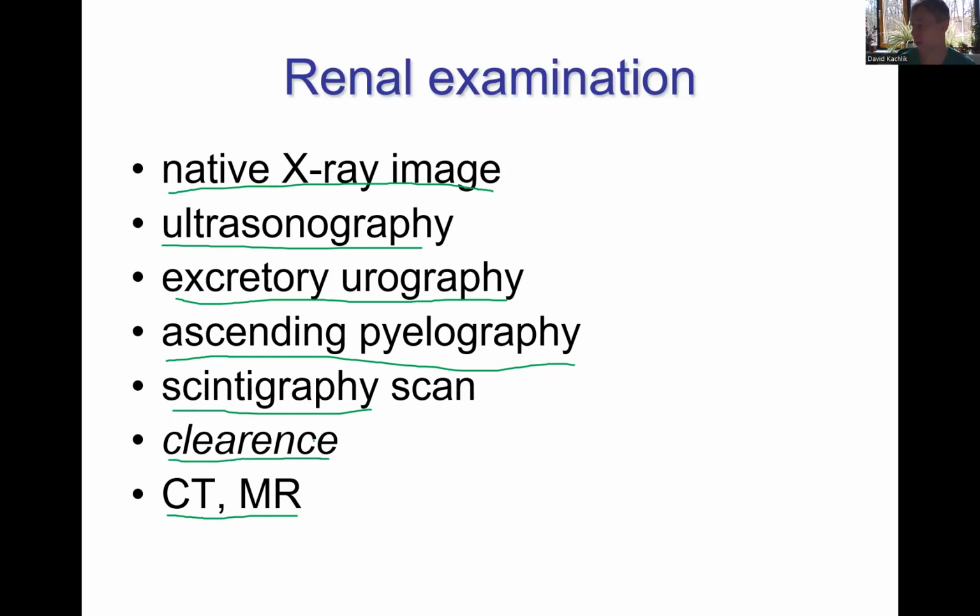Clearance means that the kidney clears a specific amount of blood per specific time period, and we can measure it on some substances, either the internal substances of the human body, which is creatinine, that's the waste product of muscle metabolism, or we can use some other substances which are inert.